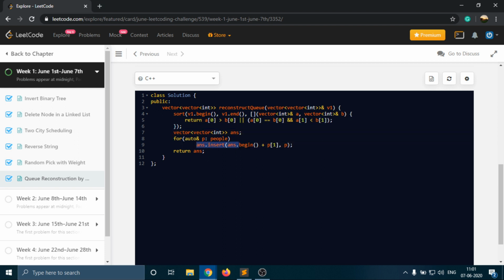In the main part, at the index given by the person's index, I am inserting the values. So this is what the answer part is doing. After this I have returned the answer. So mainly, in the first part we are sorting, and in the second part I have initialized the answer and inserted the values at their given indexes.